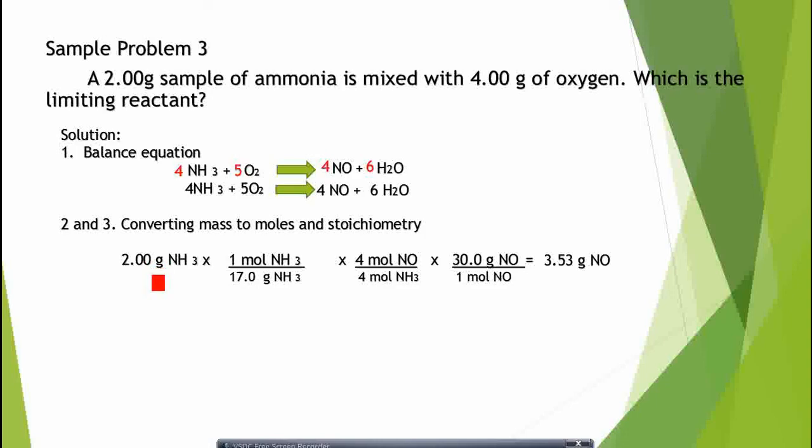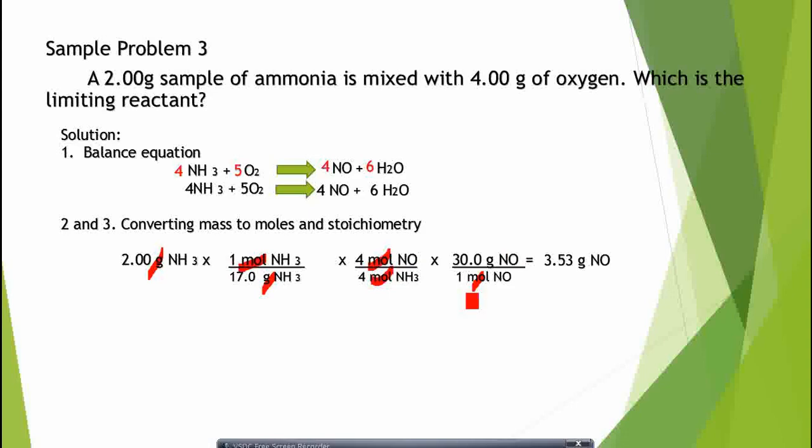Let's cancel the unnecessary units. We cancel grams of ammonia, mole of ammonia, and mole of nitrogen oxide. The unit that remains is the grams of nitrogen oxide.